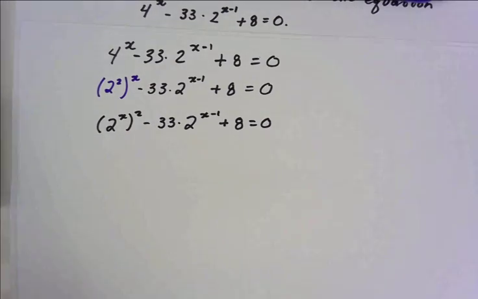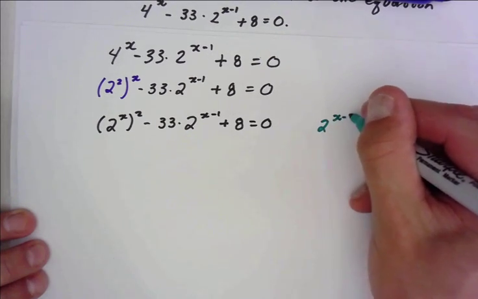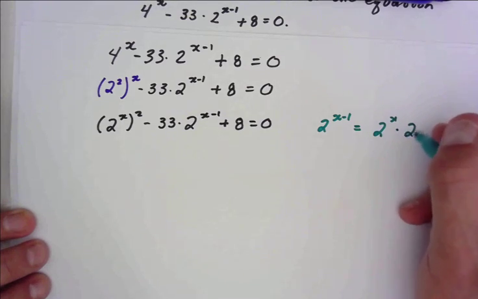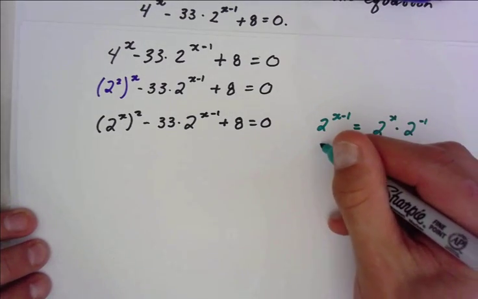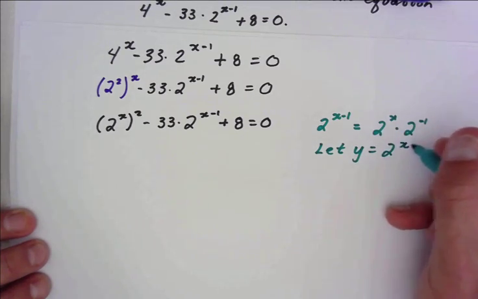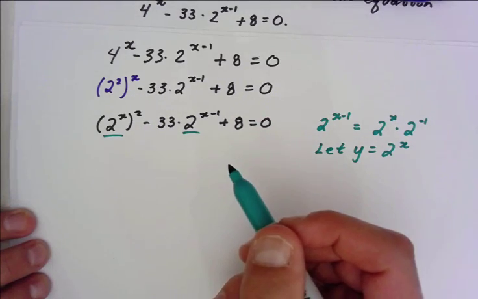Let's look at two things. We know mathematically 2 to the x minus 1 is equal to 2 to the x times 2 to the negative 1. In this case, let's also let y equal 2 to the x. Wherever we see a 2 to the x, we're going to put a y in its place.